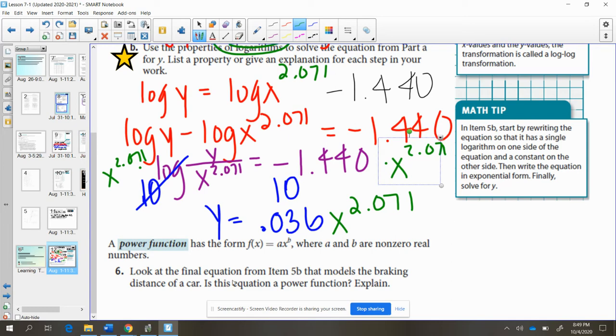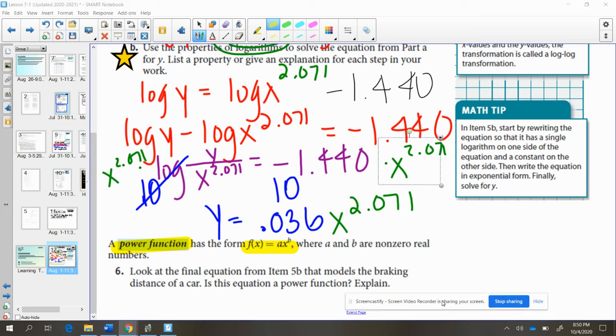What this then is an example of, after all that transforming around, is a power function, which is the form a times x to the b. Remember, an exponential is a times b to the x, so we're essentially flipping these spots. Again, a and b are non-zero numbers here. So we can see that this is in fact a power function, right?